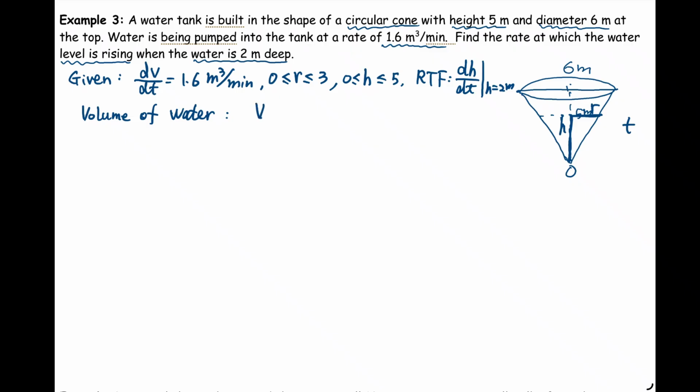So volume equals pi over 3 r squared h. So this is a circular cone volume. And after that, we are going to do the d over dt to both sides.